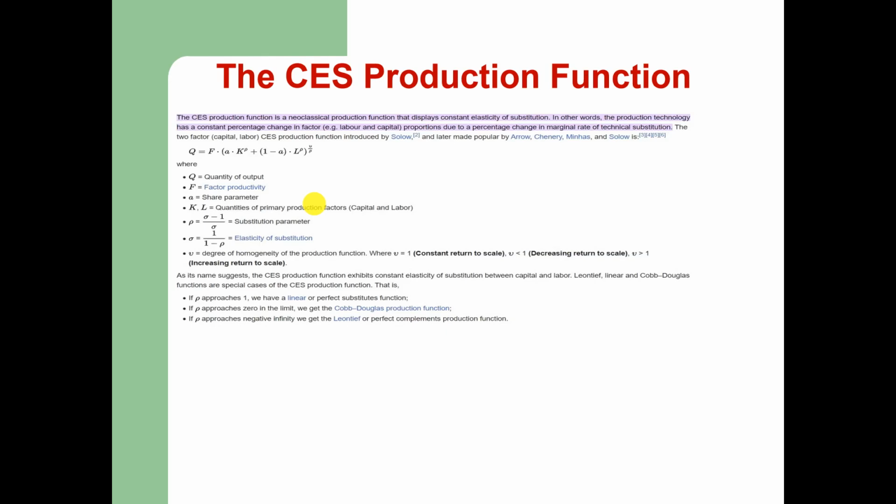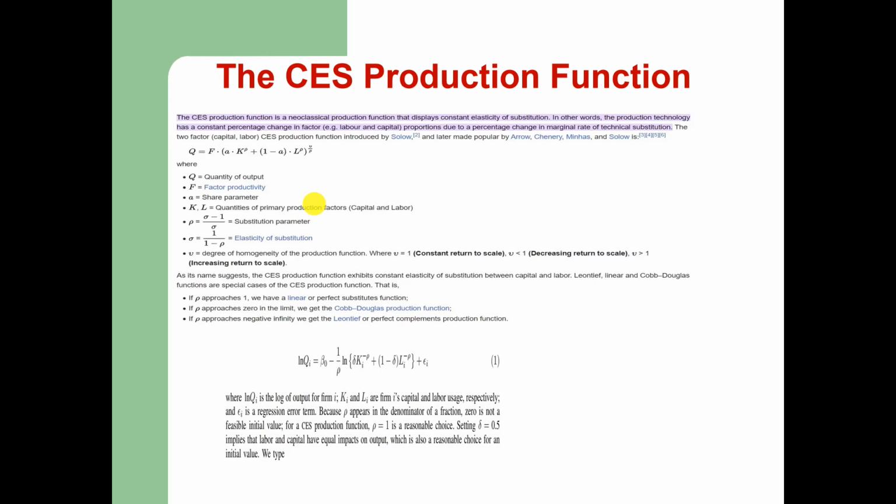In that case, the isoquant will be linear. If rho approaches 0 in the limit, then we have the Cobb-Douglas production function, and if rho approaches negative infinity, we get the Leontief or perfect complements production function.